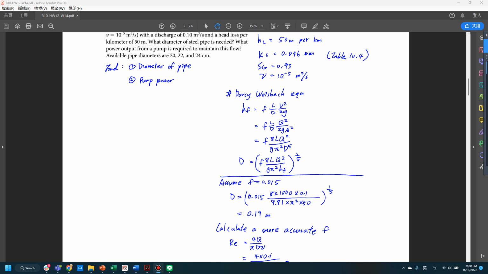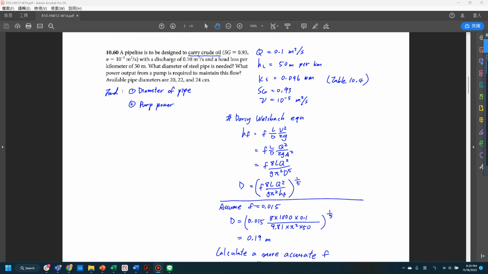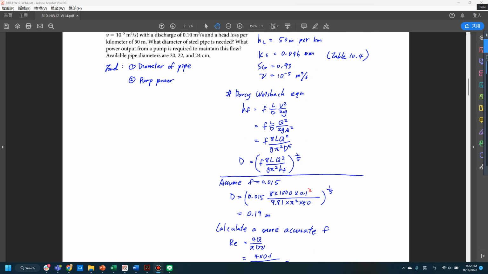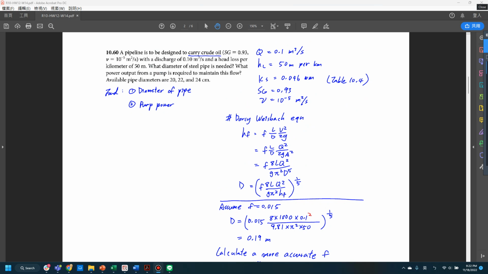For the other variables, they are all known. The length is assumed to be 1 kilometer, that is 1,000 meter. And we have Q equal to 0.1 to the power of 2, and g is equal to 9.81, and pi squared is pi squared.